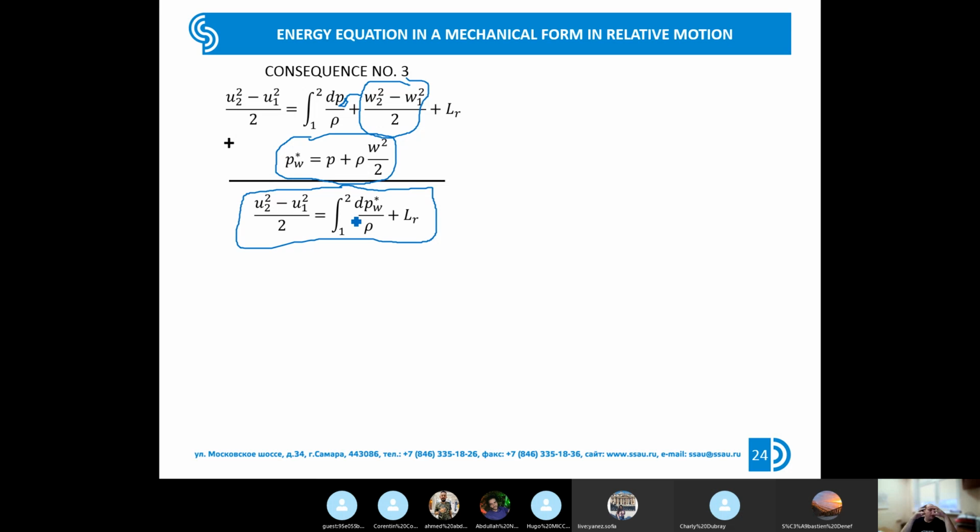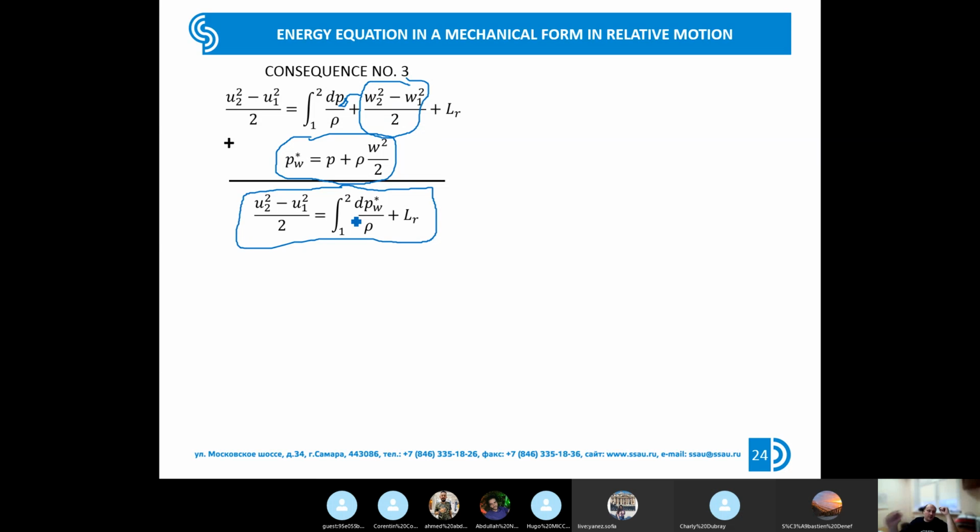Usually during calculation of turbomachinery, you calculate parameters at the inlet of the rotor wheel, and you need to transfer the information to the section at the outlet of the rotor wheel, and these equations are really used to recalculate parameters from the inlet section of the rotor wheel to the outlet section of the rotor wheel.